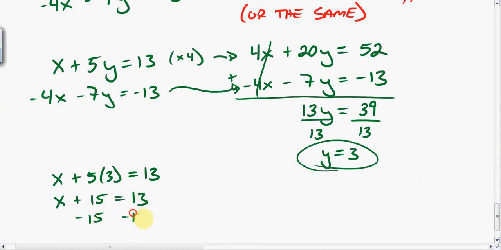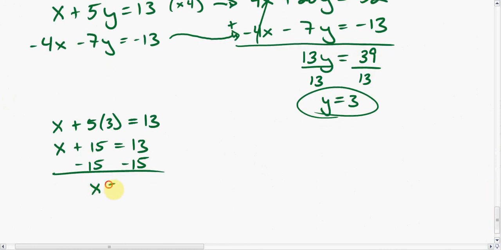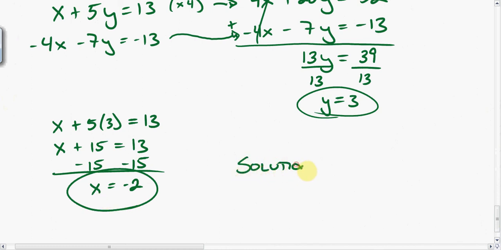I'm going to subtract 15 from both sides, and we see x equals negative 2. So our solution in ordered pair form is going to be negative 2, comma 3.